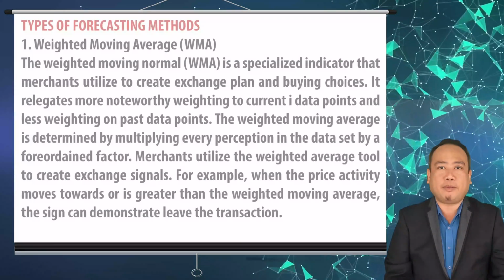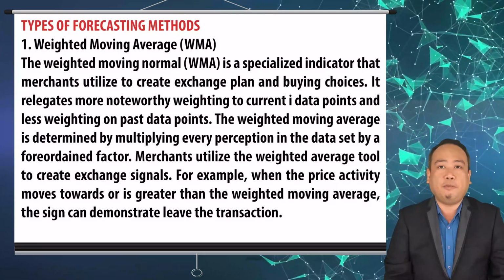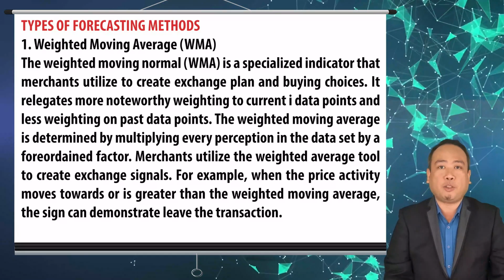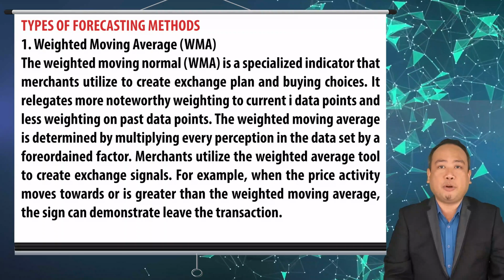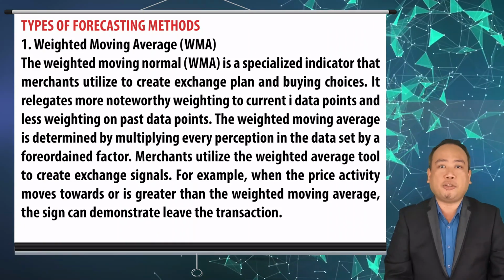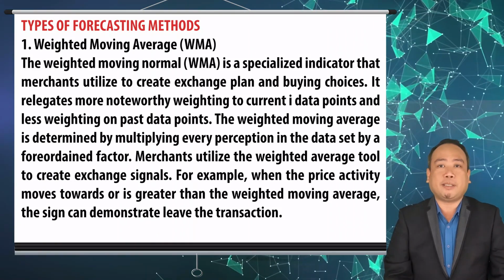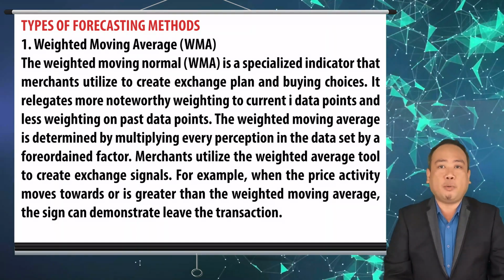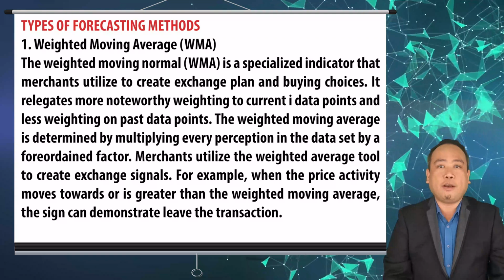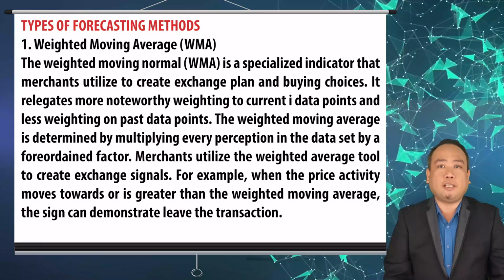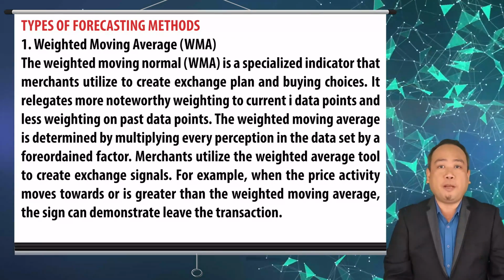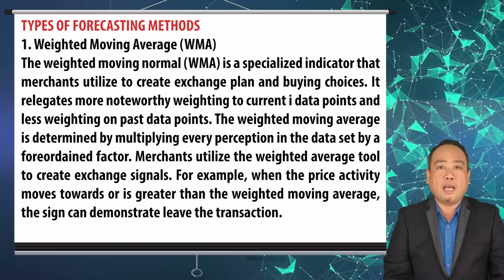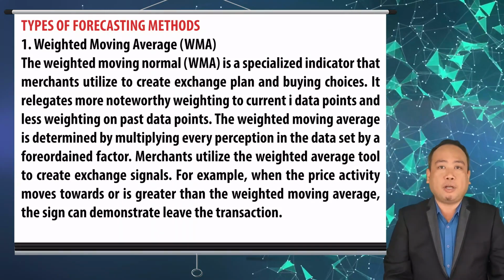Types of forecasting methods. Number one, weighted moving average or WMA. The weighted moving average is a specialized indicator that merchants utilize to create exchange plans and buying choices. It assigns greater weighting to current data points and less weighting to past data points. The weighted moving average is determined by multiplying every observation in the data set by a predetermined factor.